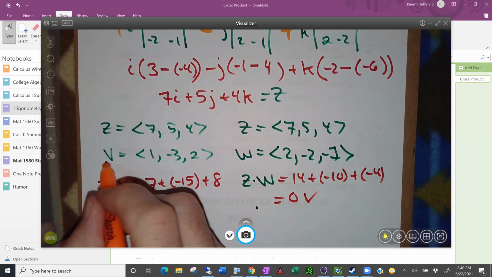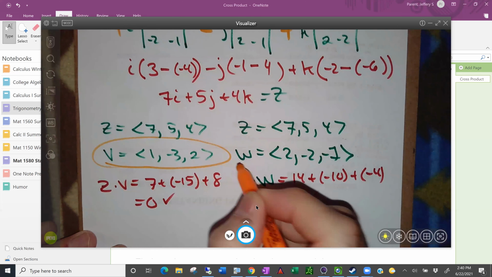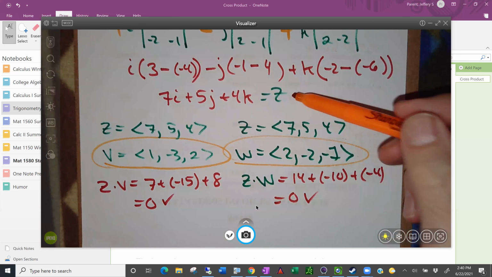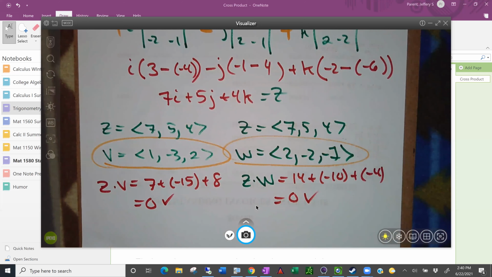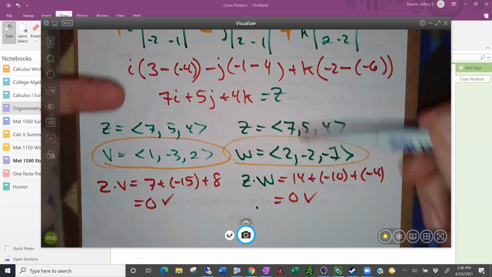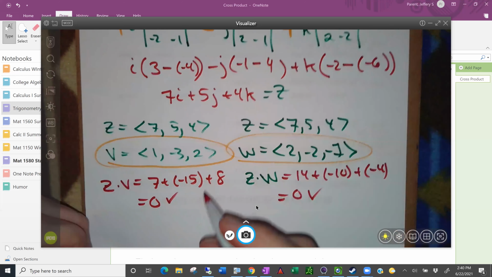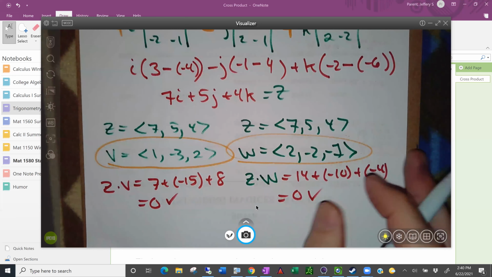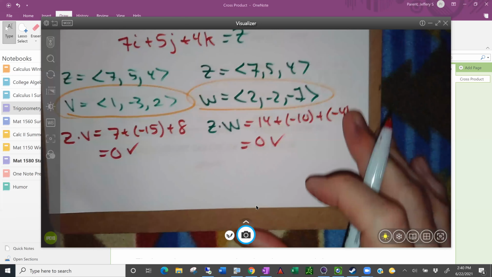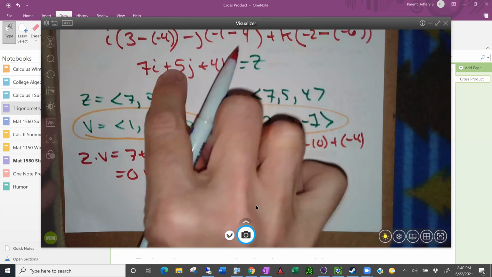Now there's a different fancy way to say that, and you've already learned one way. It's orthogonal to these vectors. But I'm going to add one more. This vector is normal to those vectors.